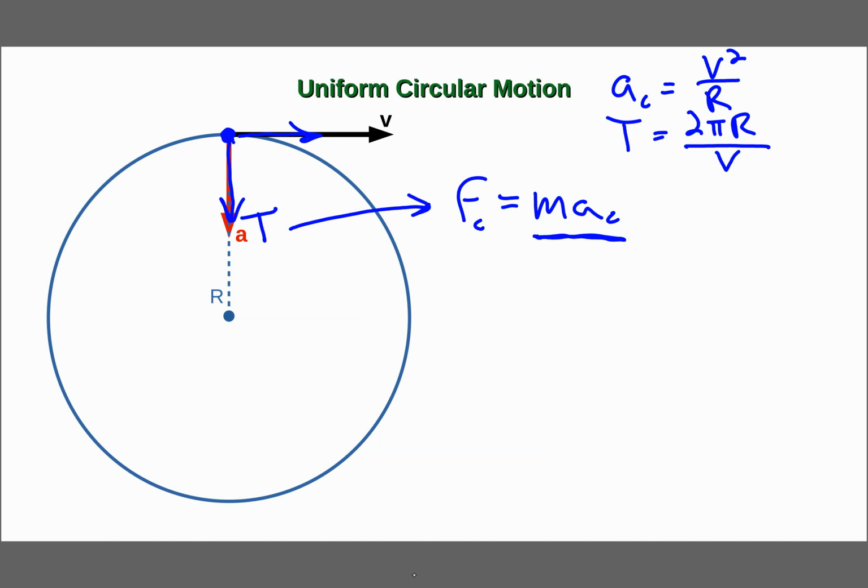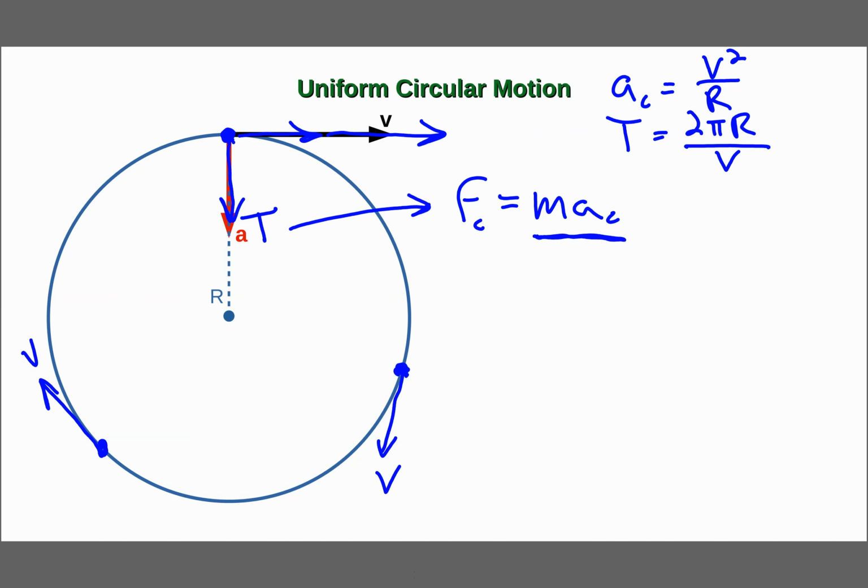So if the string breaks, the ball will fly this way, okay? So if the string breaks while the ball's over here, of course, we would get this way, right? Oh, let's try to make that a little straighter. Okay, we didn't really succeed. And if it breaks here, it goes this way, okay? Always tangential to the circle.